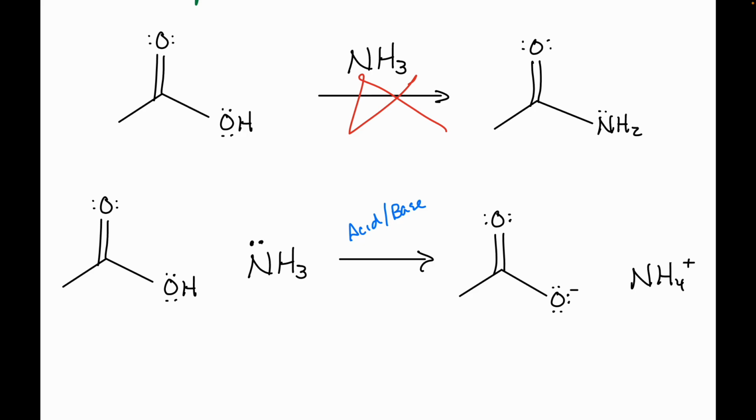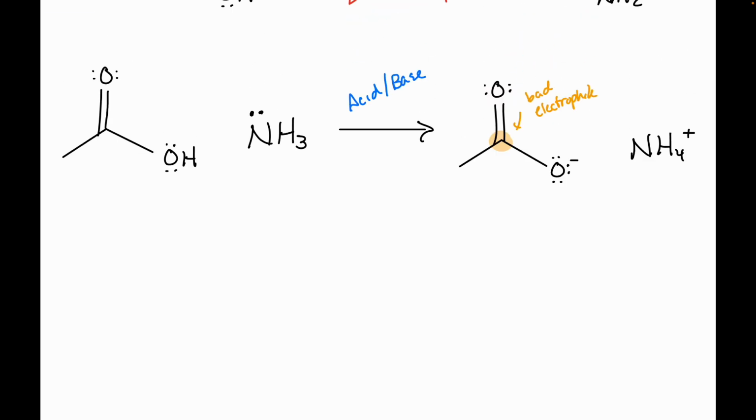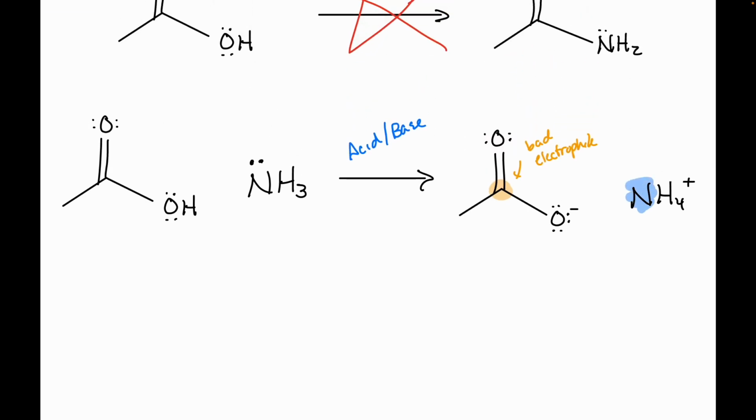Instead, we're just going to have an acid-base reaction. Okay? And I mean, there's two problems here now. Not only is this thing a bad electrophile, but ammonium doesn't even have a pair of electrons anymore. Right? It cannot play the role of a nucleophile.